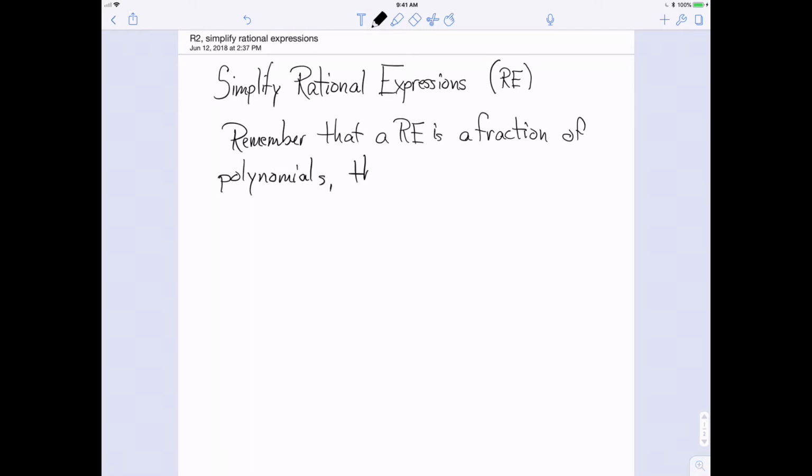And the most simple rational expression is a fraction, like 1/2.